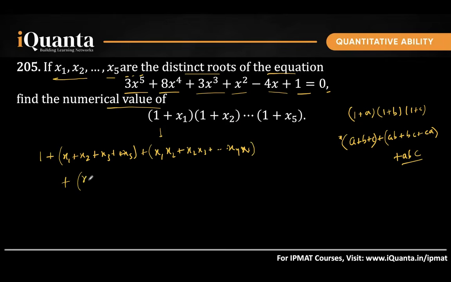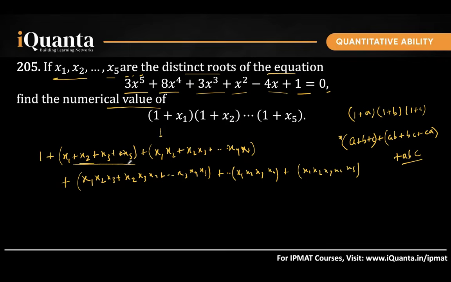Plus taken 3 at once, so x1x2x3 plus x2x3x4 and so on, till x3x4x5. And after that, taken 4 at once, so x1x2x3x4 and similarly. And this will be final: x1x2x3x4x5, all of them multiplied.